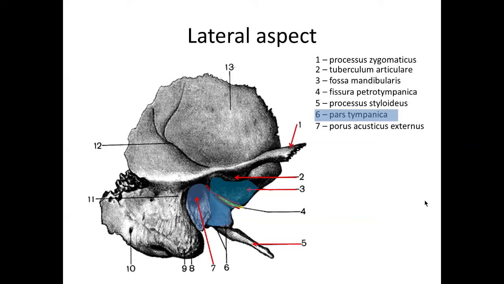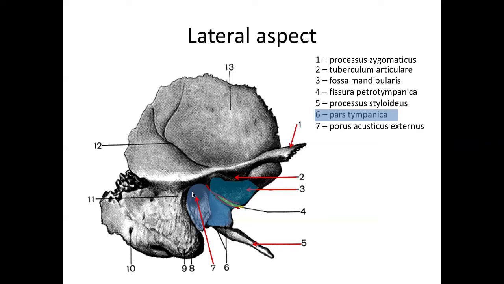It is the part of the bone which leads us into tympanic cavity located inside of the bone. So pars tympanica is surrounding part of porus acousticus externus.